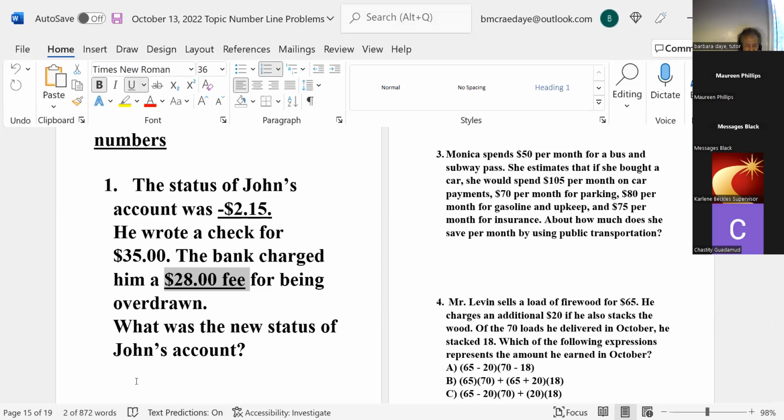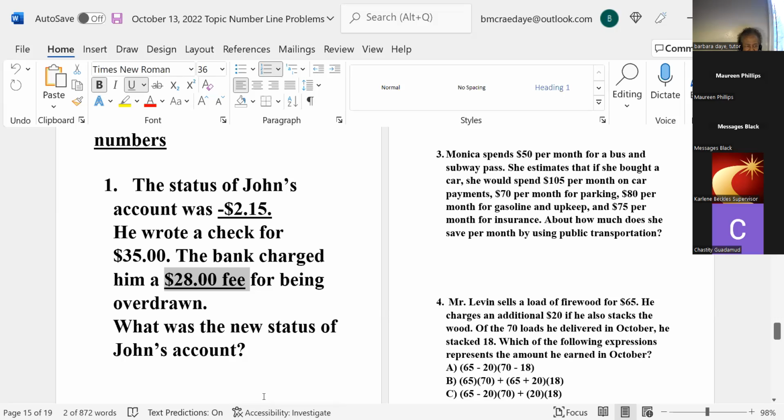What I did, I subtracted 2.15 from the 35. No. The bank charging $28 for fees for being overdrawn, right?